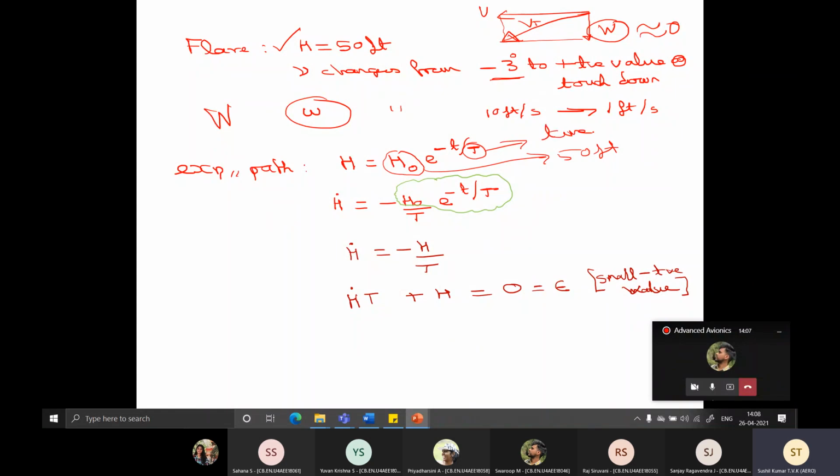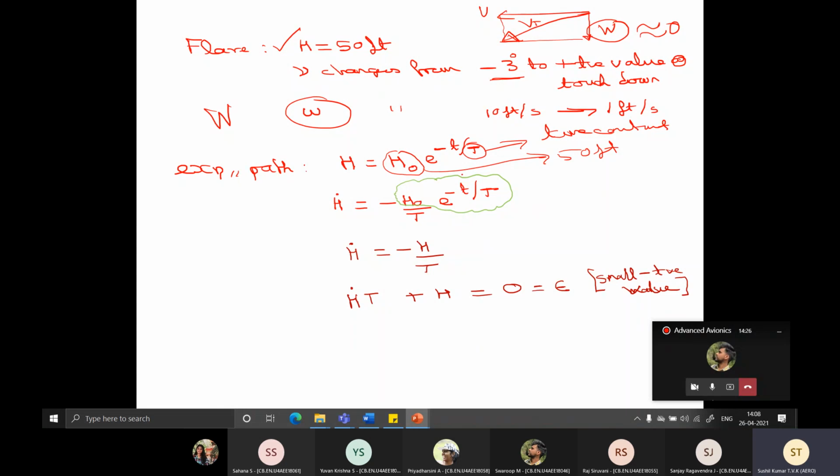So it is as good as describing any first order system. When you differentiate this equation once, you have h dot equal to minus h naught by T, times e to the power minus t by T.